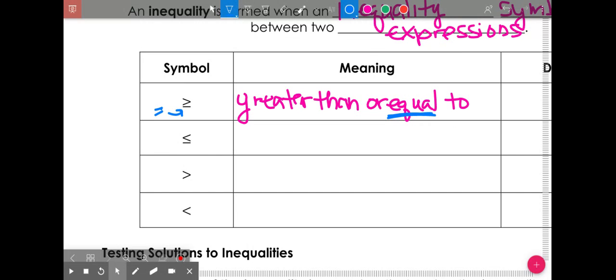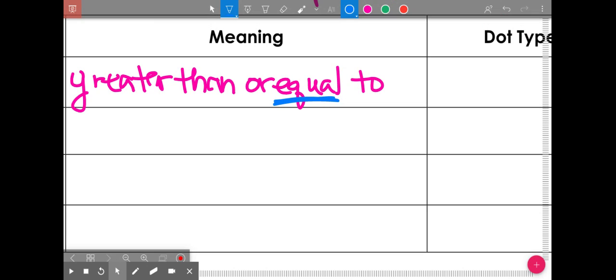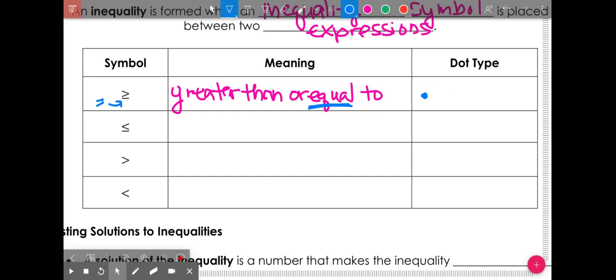Okay. If you flip back to the front of your paper, you'll see that when we had an equation with an equal sign, we used a solid dot. Well, this one gets a solid dot too because it has an equal sign in the symbol. Solid. Okay.